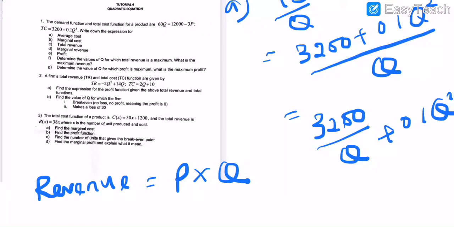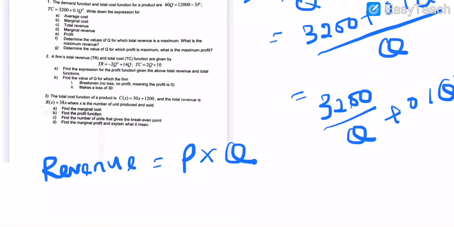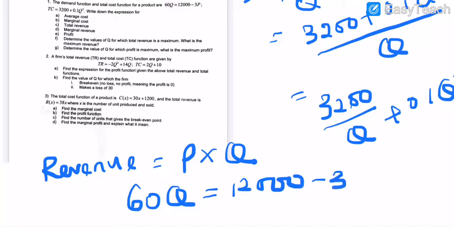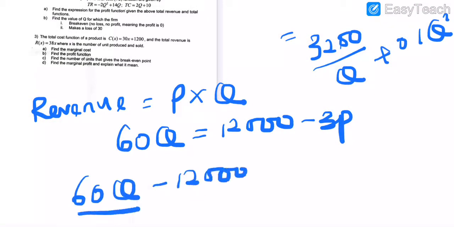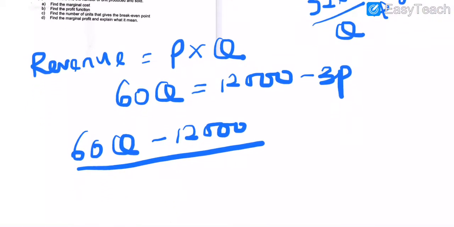How do you make it? 60q equals 12,000 minus 3p. Okay, so you have to move it one by one. Okay, so 60q minus 12,000 divided by negative 3 equals your p.